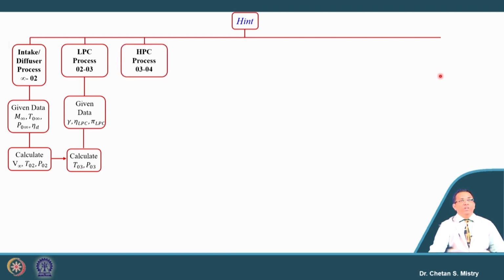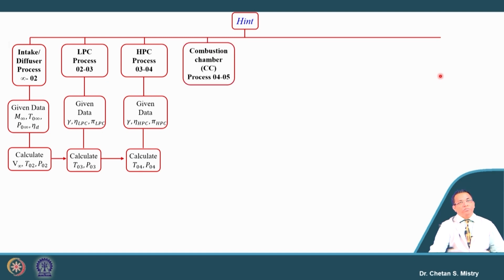Next we have our HP compressor. For the HP compressor also, the isentropic efficiency and pressure ratio are given. Based on the known pressure and temperature at the entry, we can calculate the exit pressure and temperature from the HP compressor.